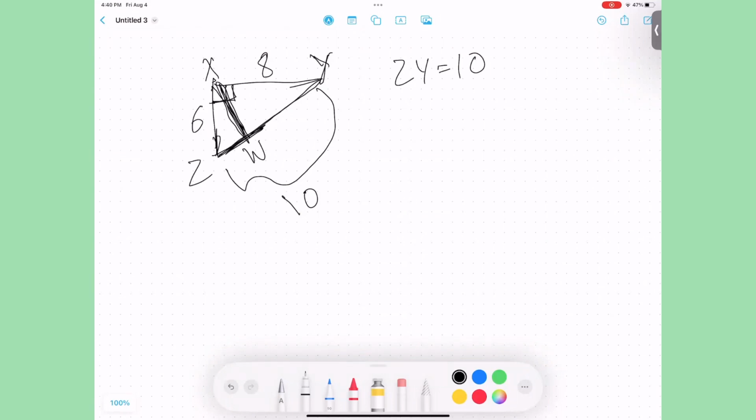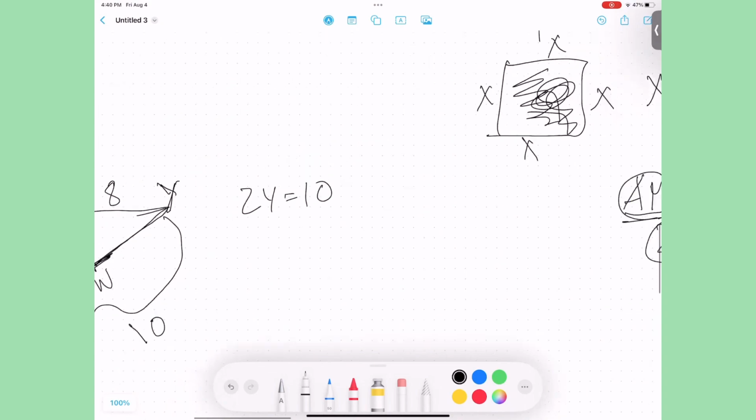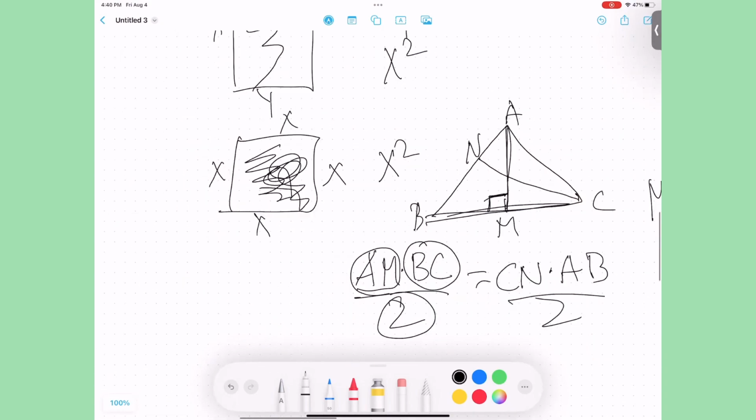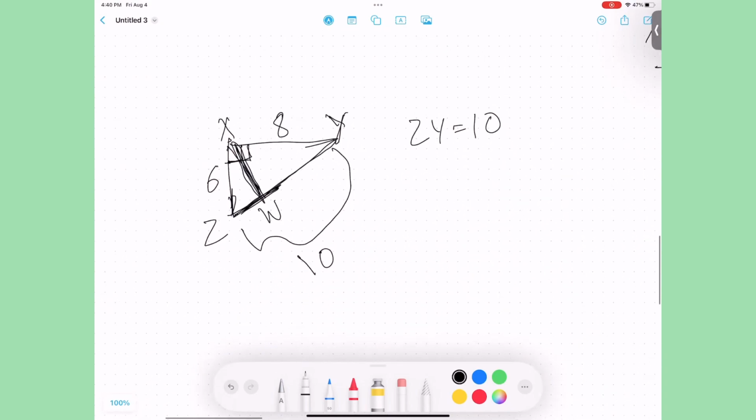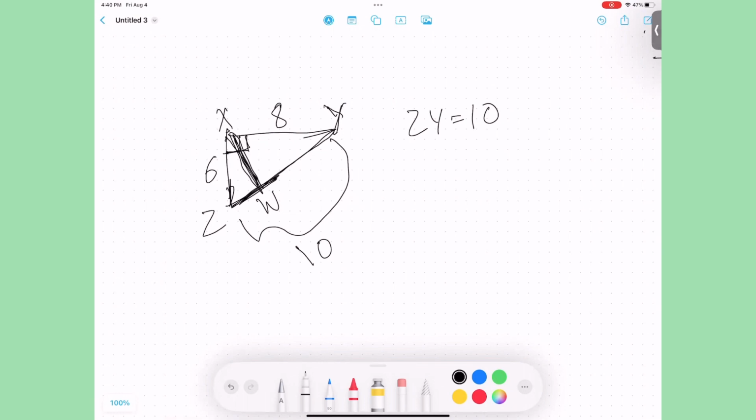Basically, let's just go over it. It's basically the same thing that I mentioned over here. We can calculate the area of the triangle first. This is a right triangle. So if I redraw it, this is X, this is Z, this is Y. I have ZX equals 6 and this equals 8.